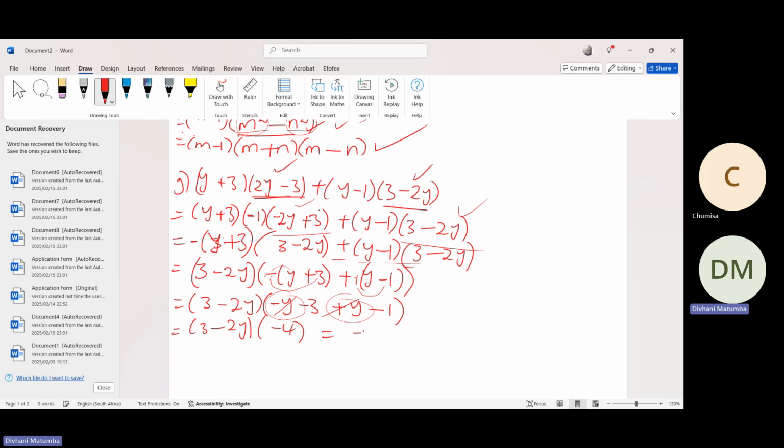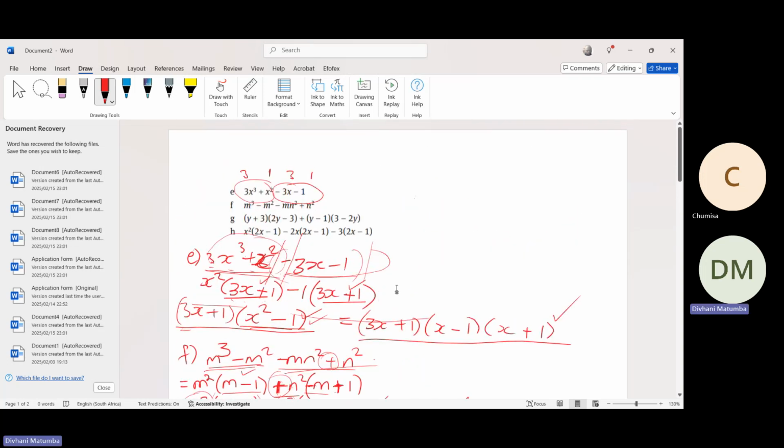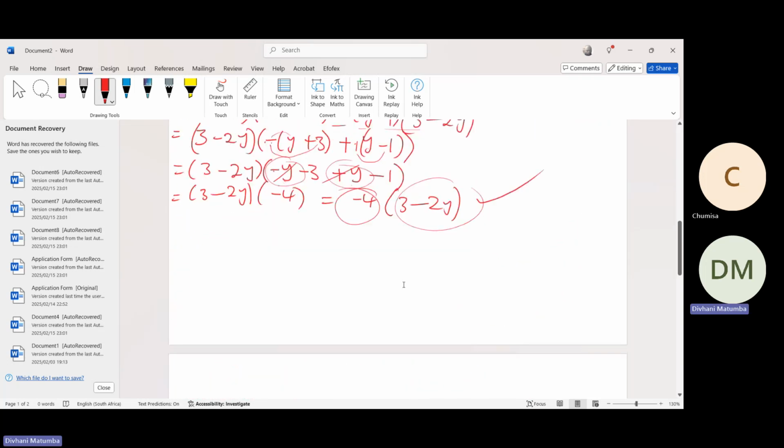So this is equal to minus 4 into 3 minus 2y. And you get your marks. You've done factorization. This is a factor and that's a factor. Perfect. Okay. The last one, number H.